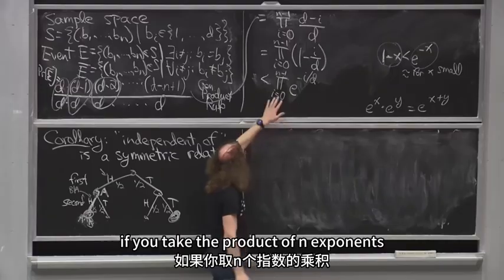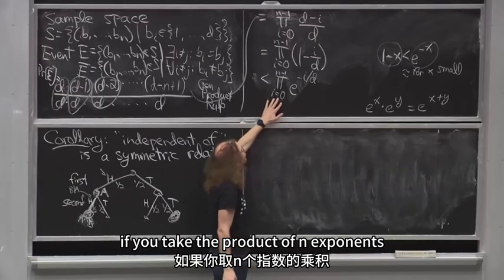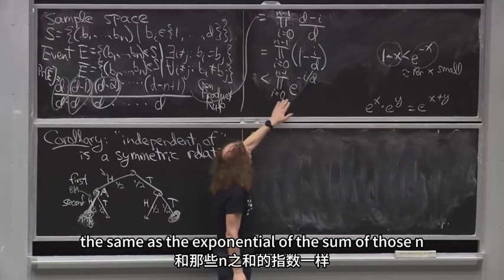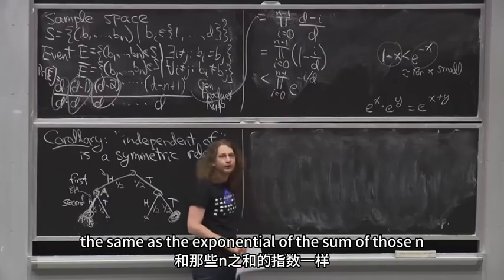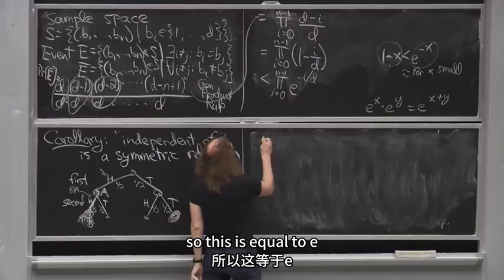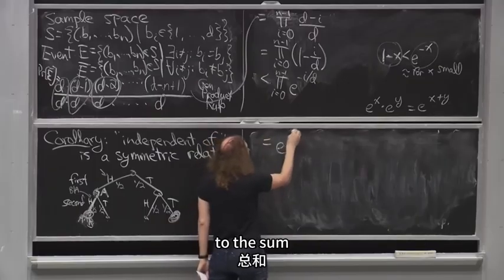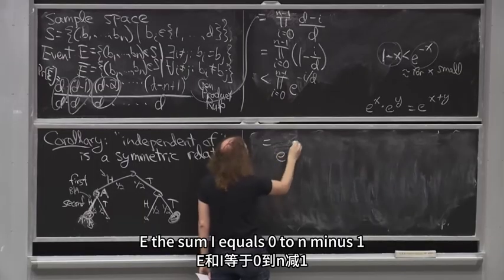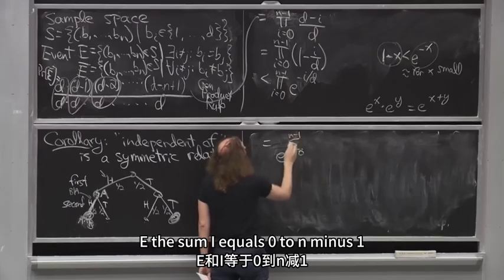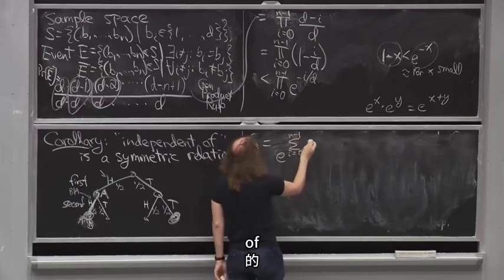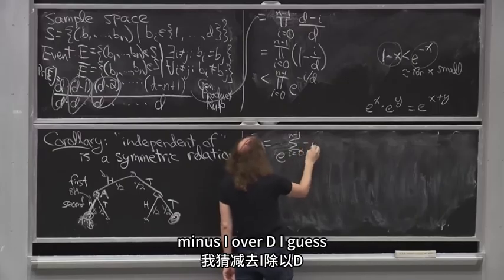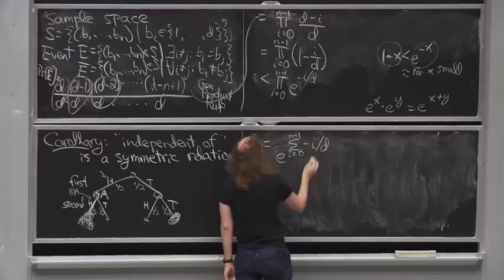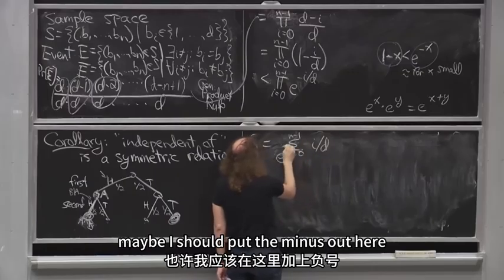And more generally, the product of n exponentials is the exponential of the sum of those n things. So this is equal to e to the sum, I didn't leave myself enough room, e to the sum i equals 0 to n minus 1 of minus i over d. Maybe I should put the minus out here. It's a little cleaner.